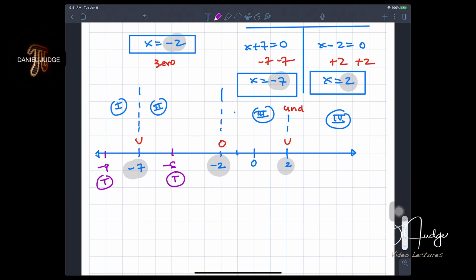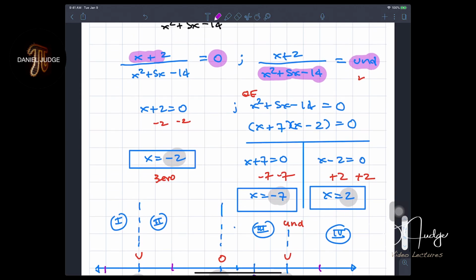Any number between negative 2 and 2, 0 is available. I'm going to use that. Any number to the right of 2, 3, 4. I got 4 test points because I have 4 regions. So you're free to pick these test point values. You might have picked different numbers. That's fine, as long as they're clearly in the region.